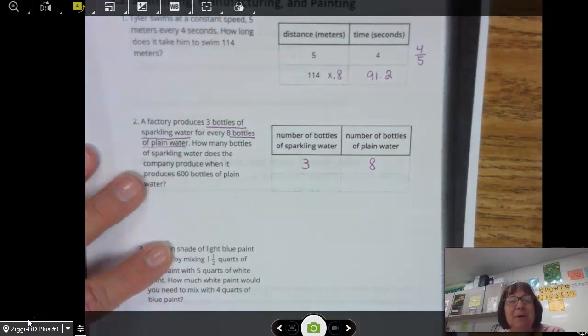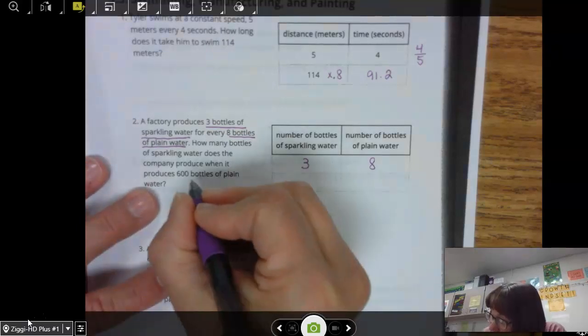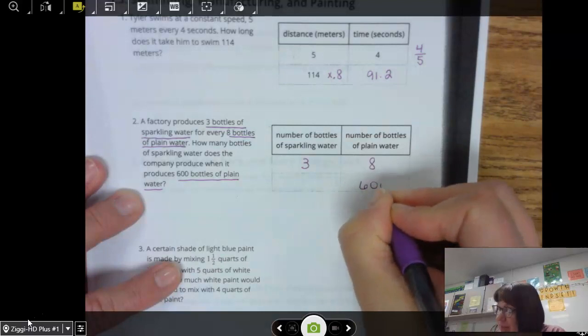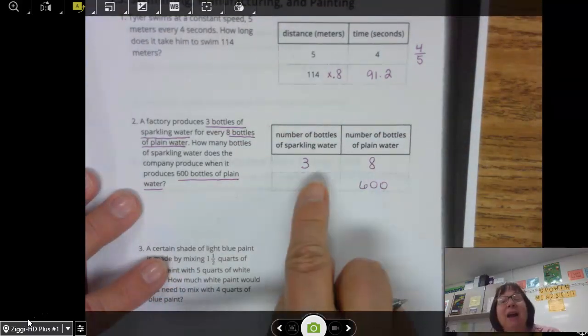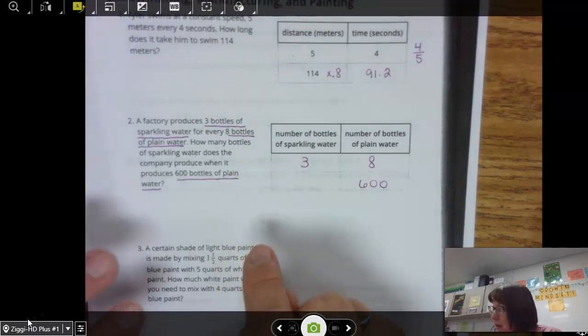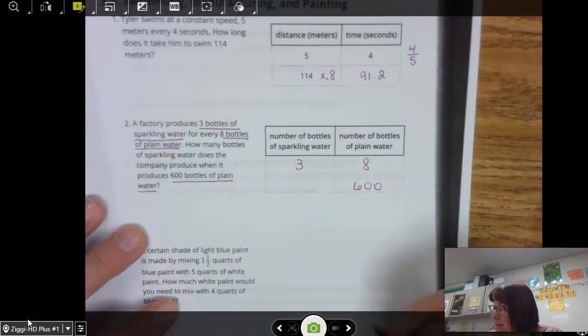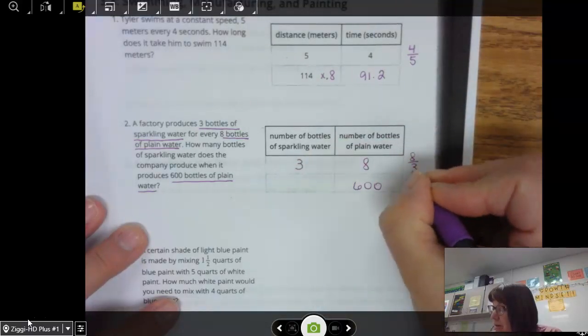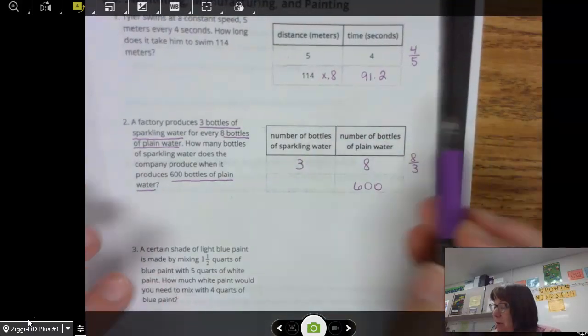How many bottles of sparkling water does the company produce when it produces 600 bottles of plain? So I want to make sure I put that in the plain column, the 600. So I'm looking for an empty spot on the other side of the chart this time. So if I look for my constant, again, I do y over x, so it would be 8/3. But remember, we're not filling in.